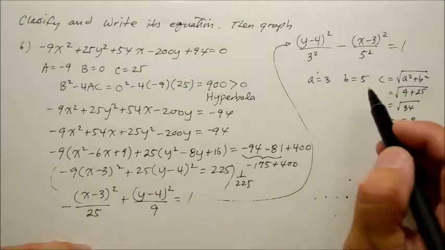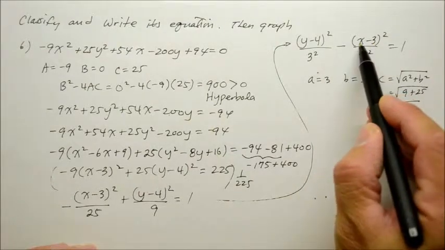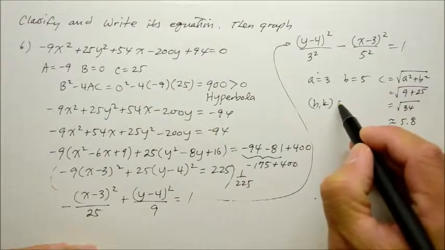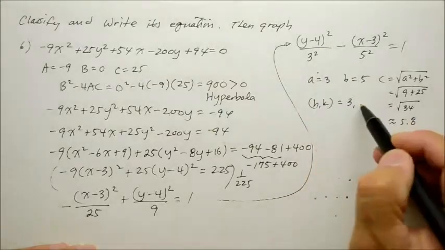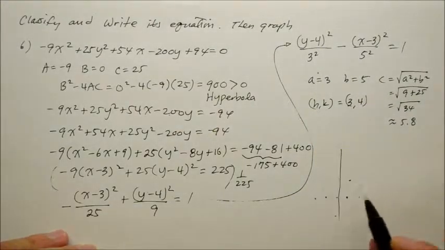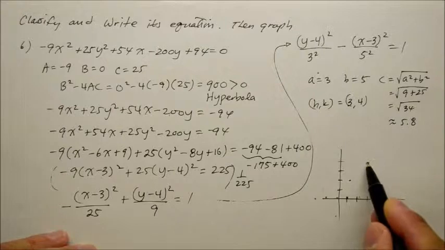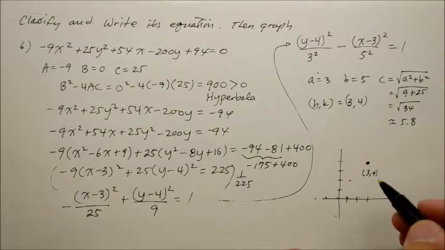And what's my new midpoint? (h, k). Remember, h follows the x. So the new translated midpoint is going to be the inverse of negative 3, which is 3, and 4. There it is. Now we could graph. So 1, 2, 3, 1, 2, 3, 4. There's the new midpoint at (3, 4).